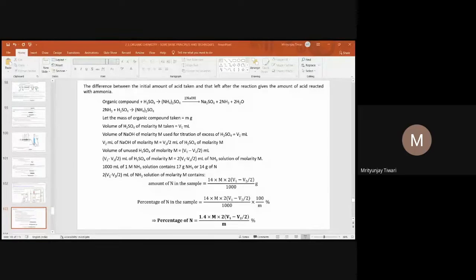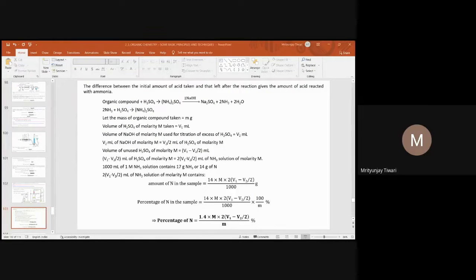And once you know the amount of nitrogen in grams, and you also initially weighed the amount of the organic compound taken for determining the percentage mass of nitrogen, you divide the mass of nitrogen by the mass of the organic compound and multiply the entire thing by 100 to give the percentage of nitrogen.